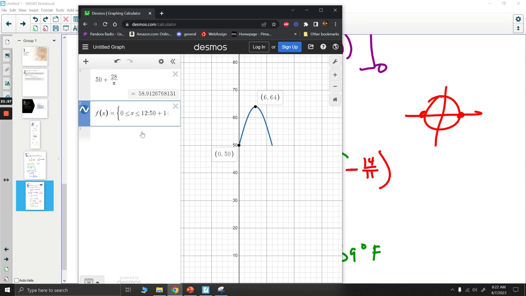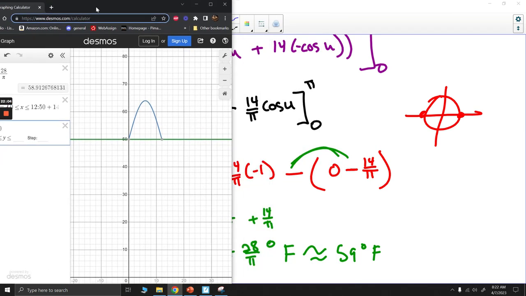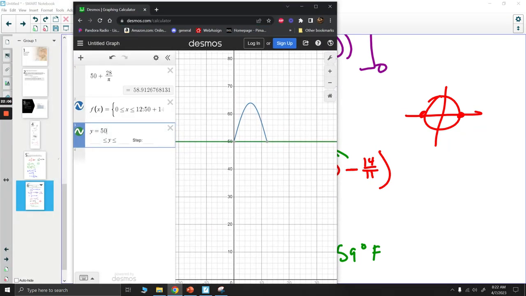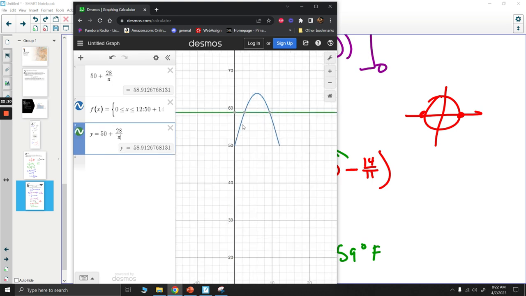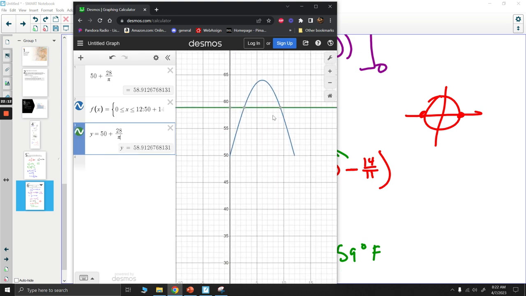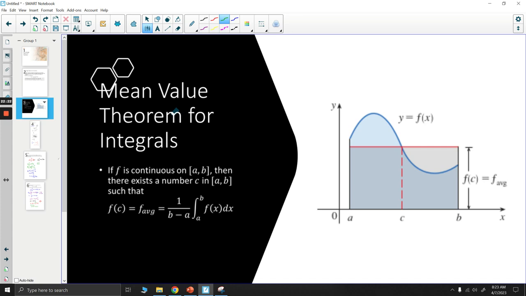And so our value here, y equals 50 plus 28 over pi gives us this kind of average height. And that's believable as well on our function. And there's actually 2 times in the day where we hit it. And again, we expect to at least see once because of our mean value theorem for integrals.